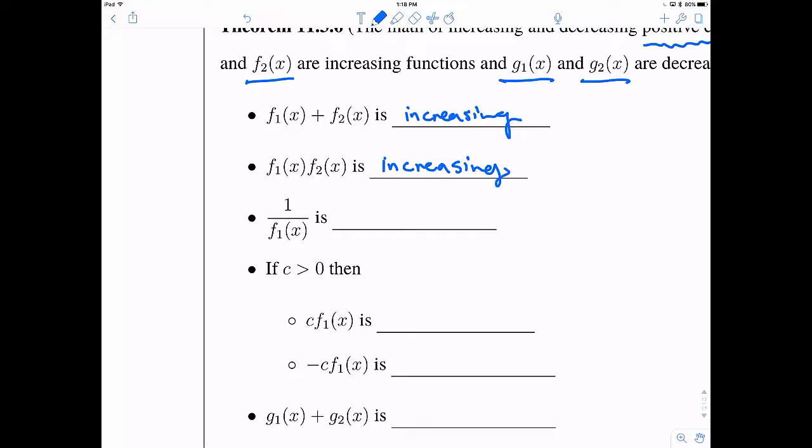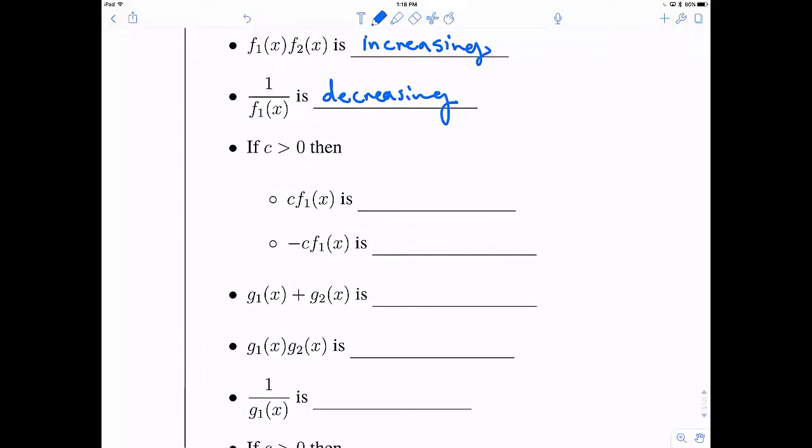Again, probably increasing. Now, if you take the reciprocal, 1 over an increasing function, then it's probably decreasing, right? Now, what if you multiply an increasing function by a positive constant? Again, probably increasing. What if you multiply it by a negative constant, negative c? Then it's probably decreasing.